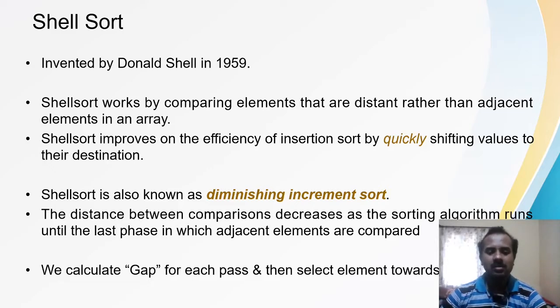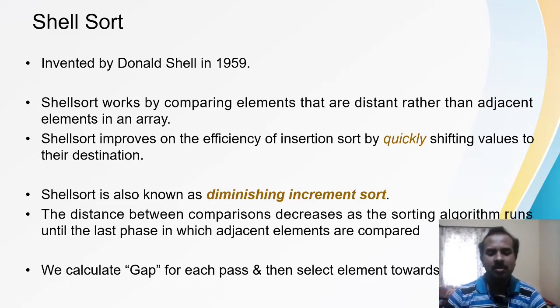Shell sort is also known as the diminishing increment sort because at the first time you are going to have a large distance between the two elements, then you are going to decrease it in single passes. The distance between the comparisons decreases as the sorting algorithm runs until the last phase in which the adjacent elements are compared.